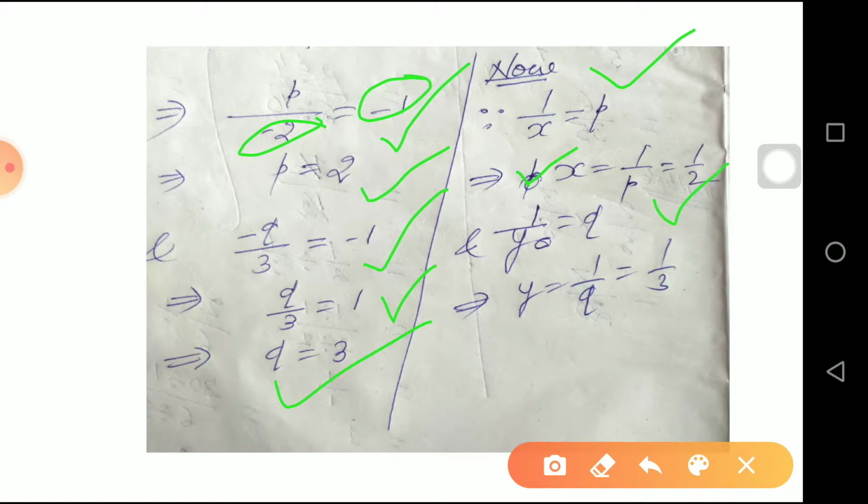Now for q: q is equal to 1 by y, so 1 by y equal to q. This implies y is equal to 1 by q, so y equals 1 by 3. Therefore x is equal to 1 by 2 and y is equal to 1 by 3. This is our required solution.